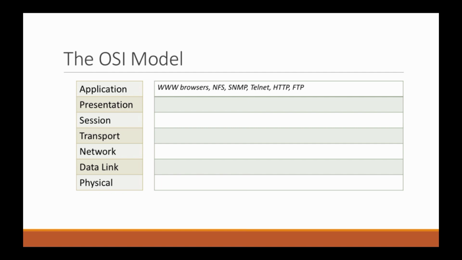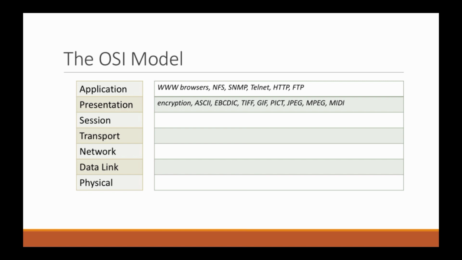This layer formats and encrypts data to be sent across the network, providing freedom from compatibility problems, and it's sometimes called a syntax layer. And within there you would have encryption, ASCII, EBCDIC, TIFF, GIF, PICT, JPEG, MPEG, MIDI, MP3, and that kind of thing. You get the idea. It's whatever is used to be presented.